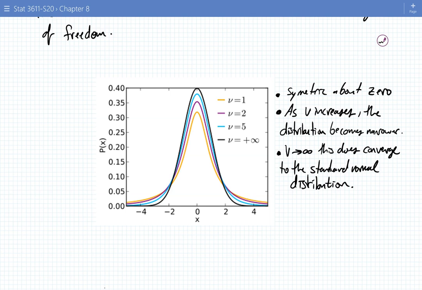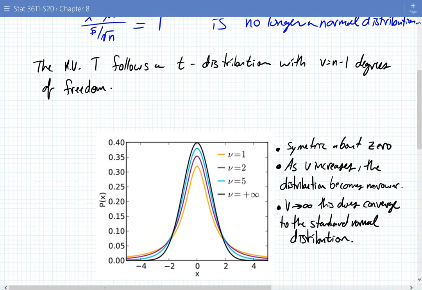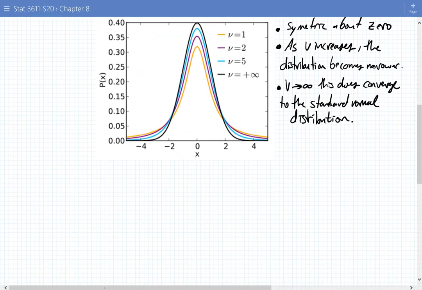So it is like an approximation in some sense of it. As n gets larger and larger, it does converge to a standard normal distribution. But if n is small, it is more spread out, and so we have more probability on the outer edges of our distribution.